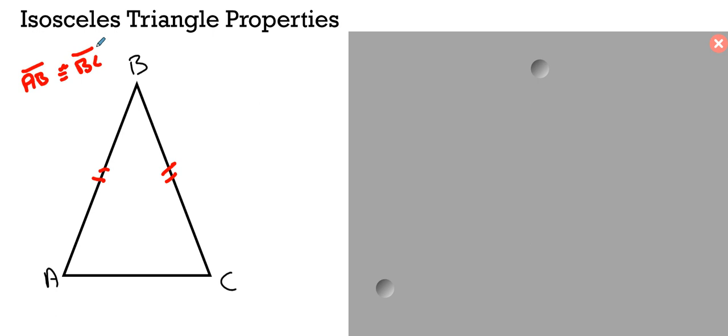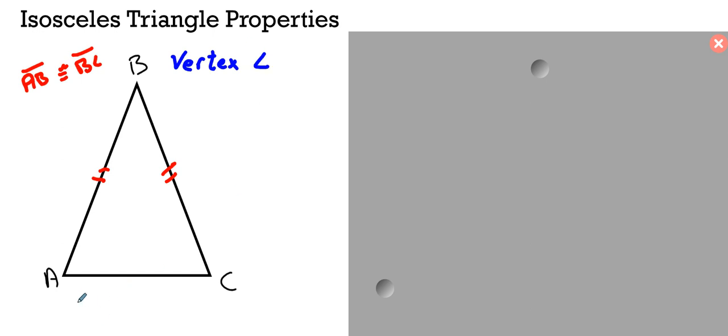Now, I think we alluded to this in the classification lesson, but by definition, an isosceles triangle has two congruent sides. And just as a reminder, angle B, in this case, because it's formed by the congruent sides, is the vertex angle.